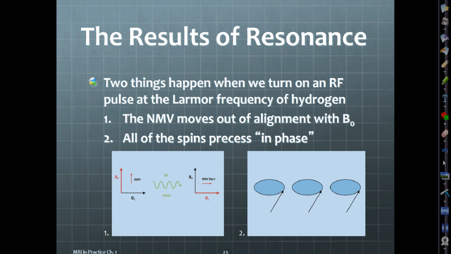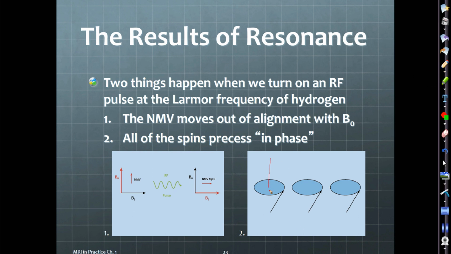Okay? But at the same time, as the net magnetic vector moves out of alignment, all those little hydrogen spins start to precess in phase. So remember, this was our precessional path around B sub 0. So let's add to this diagram.